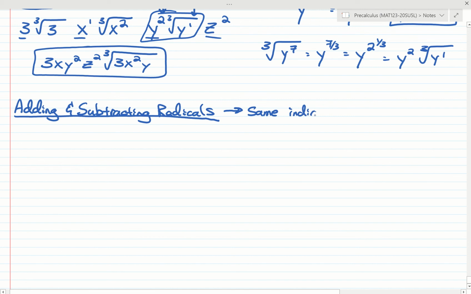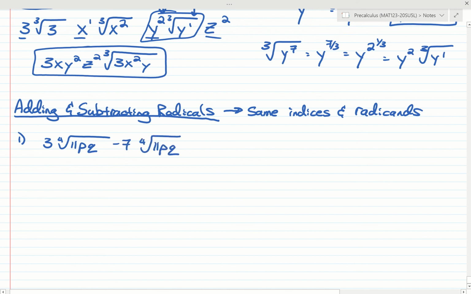Indices is plural form of index. And the same radicands, meaning what's on the inside of the radicals. So let's take a look at an easy problem first. What if we had 3 times the 4th root of 11pq minus 7 times the 4th root of 11pq?